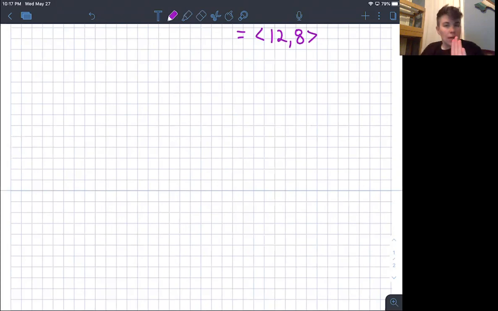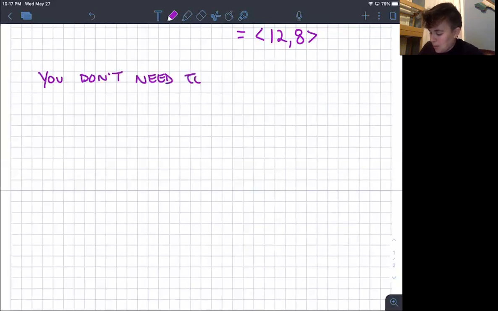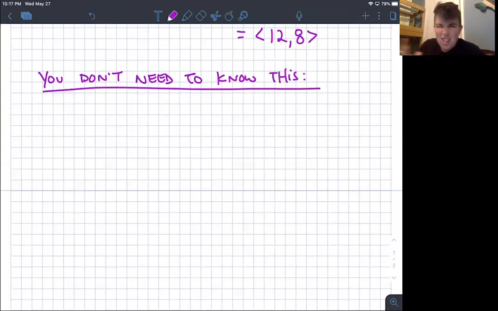If you don't want to know it, skip ahead 1.5 minutes, because I'm going to talk about this for just a second. But if you don't want to clutter your brain, I'm going to write down, you don't need to know this. But I think it's interesting.